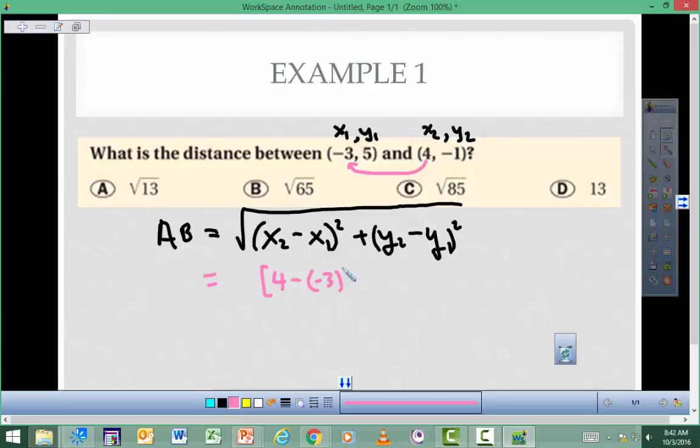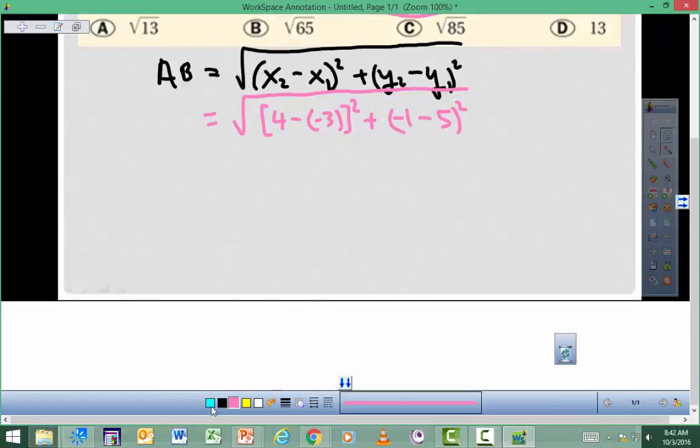and then we need to square that, and then we need to subtract the y coordinates, these two. So minus 1 minus 5, and then we need to square that, and then we need to take the square root of all that and see what we get.